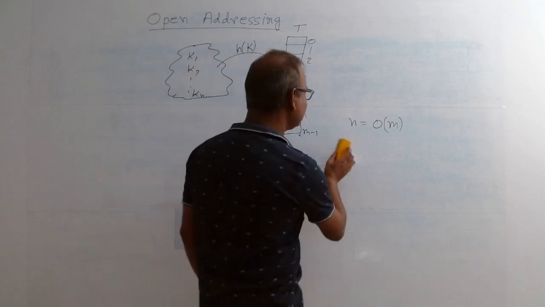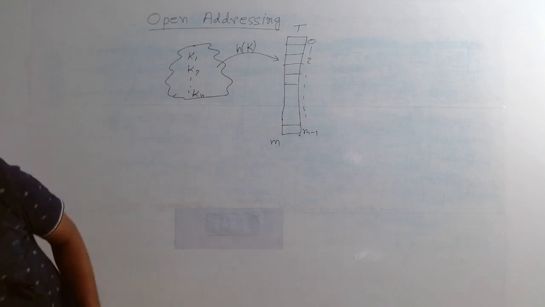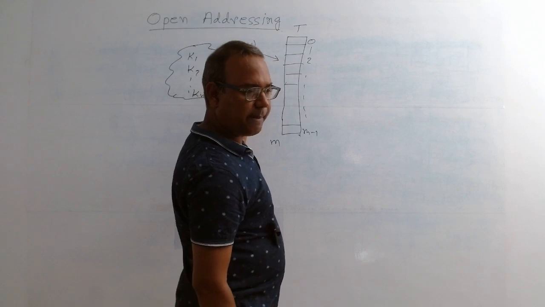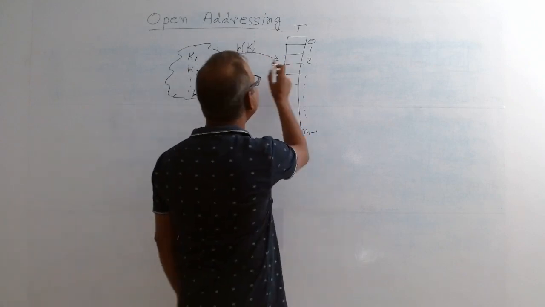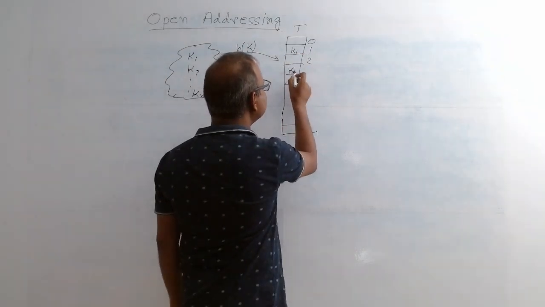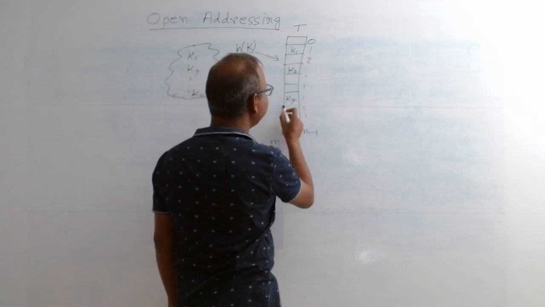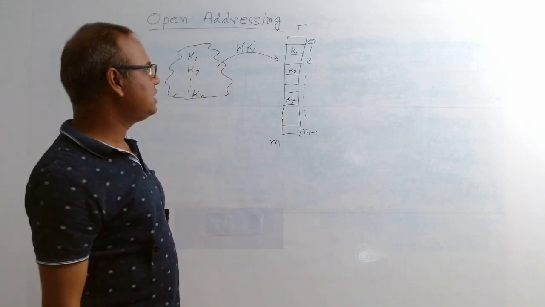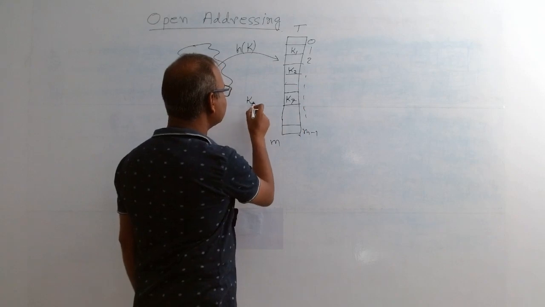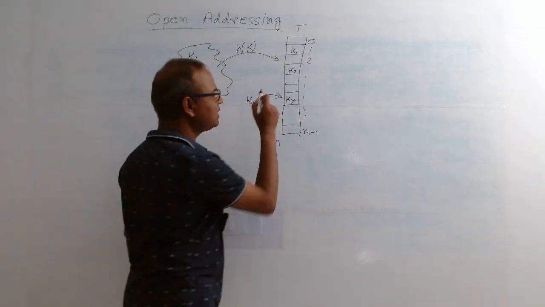Open addressing method says when we have a collision, we can shift to another position nearby where there is no collision. For example, let's say K1 is inserted here, and K2 is inserted here and K7 is inserted here. Now we are inserting, let's say, K11, and K11 is coming at this place.